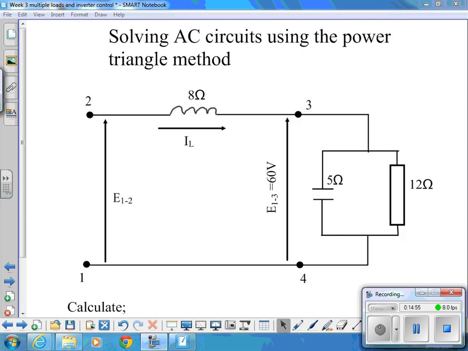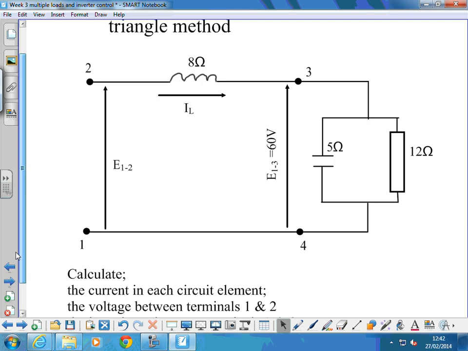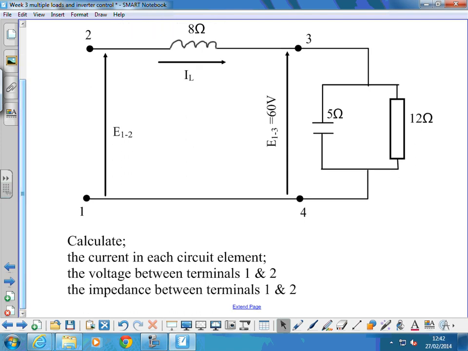What I look at now is this problem. Solving AC circuits using the power triangle method. We're going to look at this circuit and calculate the current in each circuit element, the voltage between the terminals 1 and 2.